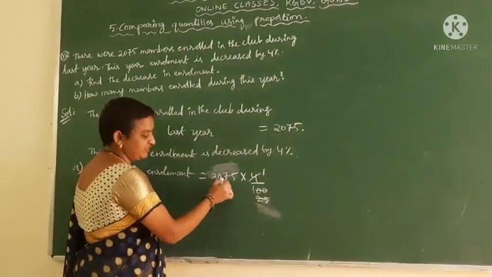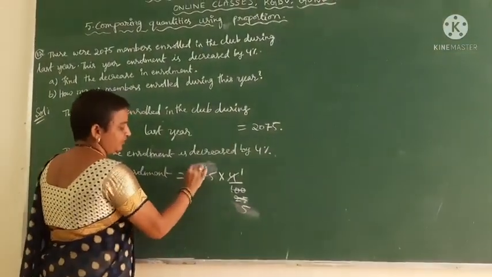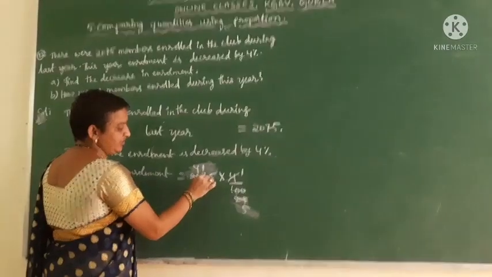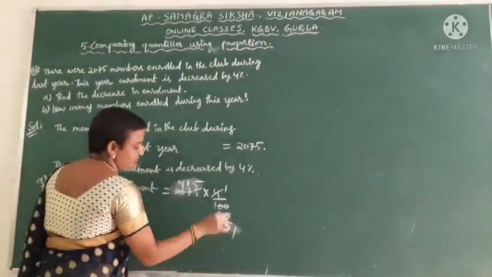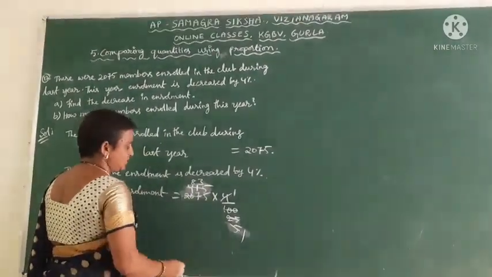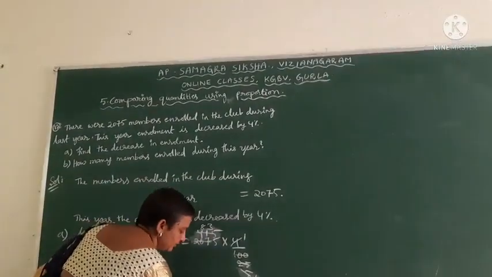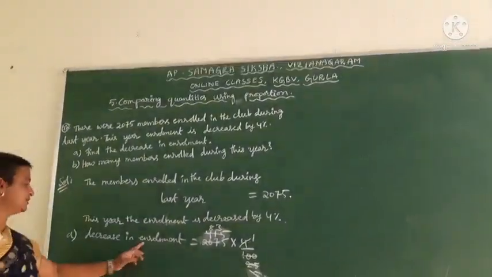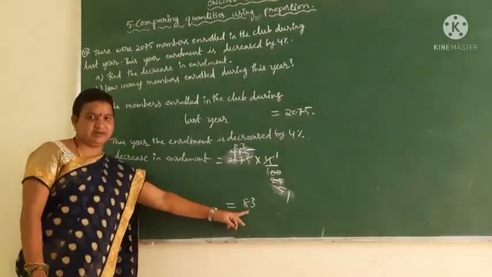Again we have to simplify these two terms. 5 fives are 25, 5 fours are 20, 5 ones are 5. Again we simplify: 5 eights are 40, 5 threes are 15. So the answer is 83. So the decrease in enrollment during this year is 83.